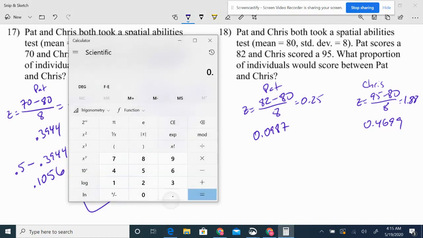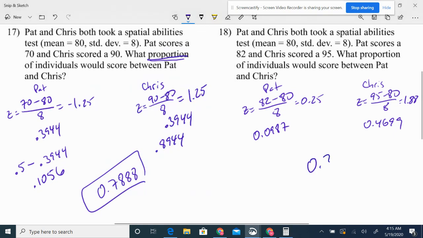So let me go 0.4699 minus 0.0987, and it gives me 0.3712. Once again, since I'm asking for a proportion, don't move the decimal place. Just leave it as it is. If I had asked you for percentage, I would expect 37.12%.